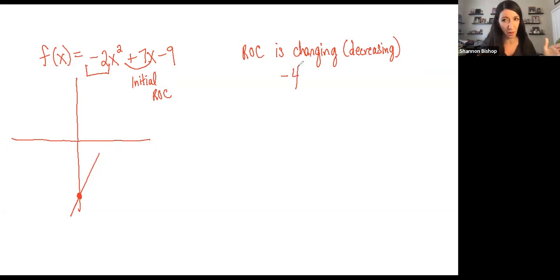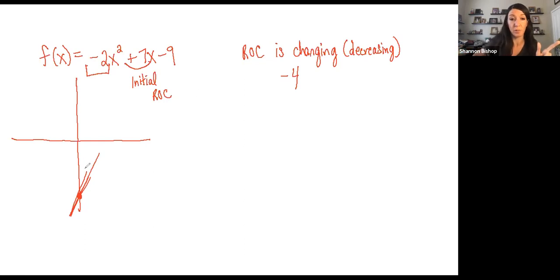Again, if this were a story problem, we would put stories in there, but it's not. So double your A value, you get -4. So if this initial increase is +7, okay, cool. The next increase is not going to be +7 anymore. It's only going to be +3, because +7, take away 4, +3.